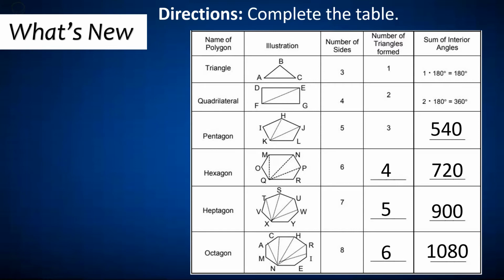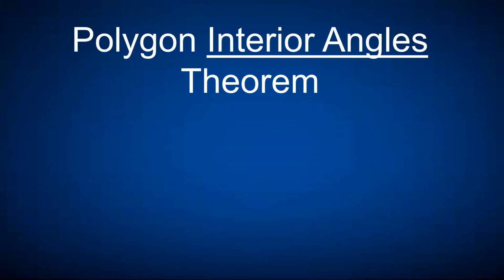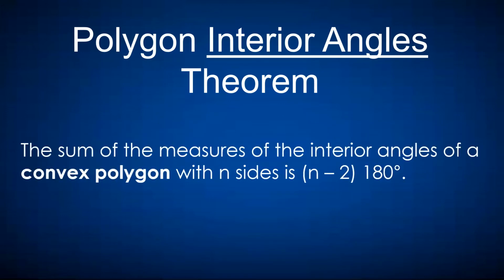At dahil doon, nakabuo tayo ng polygon interior angles theorem. Ang sabi sa polygon interior angles theorem, the sum of the measures of the interior angles of a convex polygon with n sides is n minus 2 times 180.